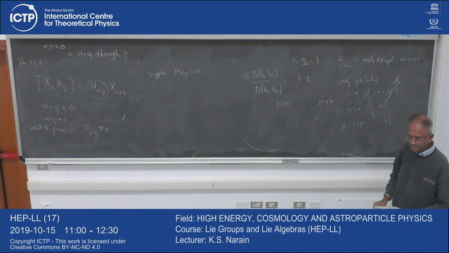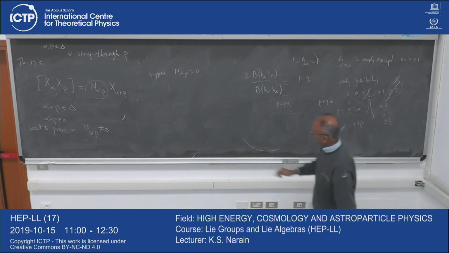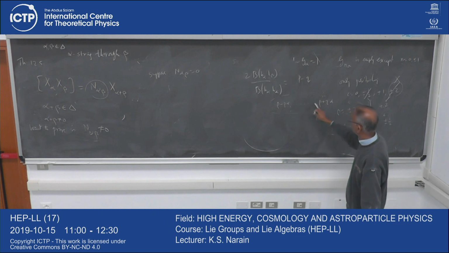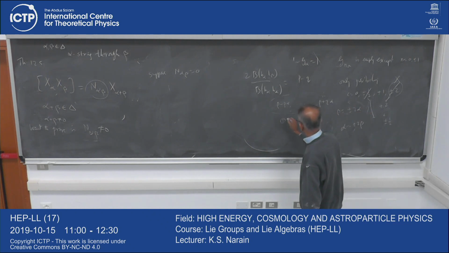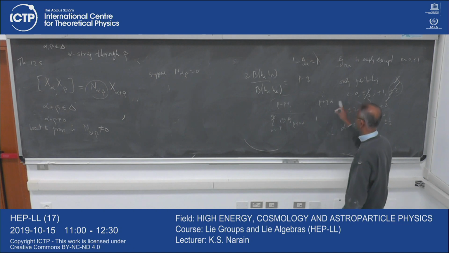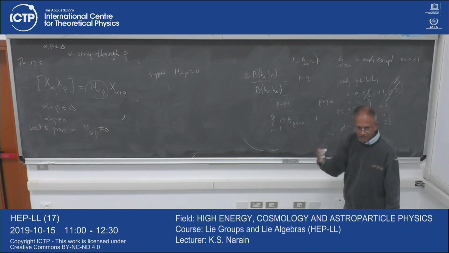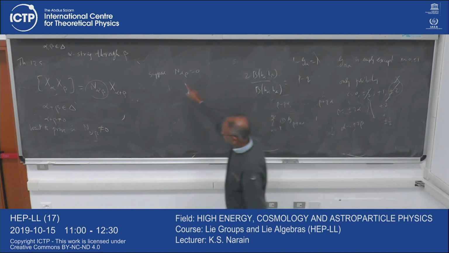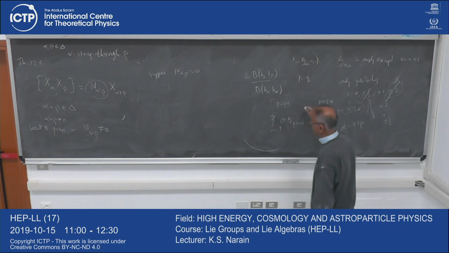But now, if this is 0, and remember how we did that, we considered the sum of all these spaces, g of beta plus n alpha, where n goes from minus p to q. Since there was nothing else on this side and that side, this was a closed space under the action of x alpha, x minus alpha, and h alpha. But now, if this is true, you can make a smaller space. Beta is somewhere in between.